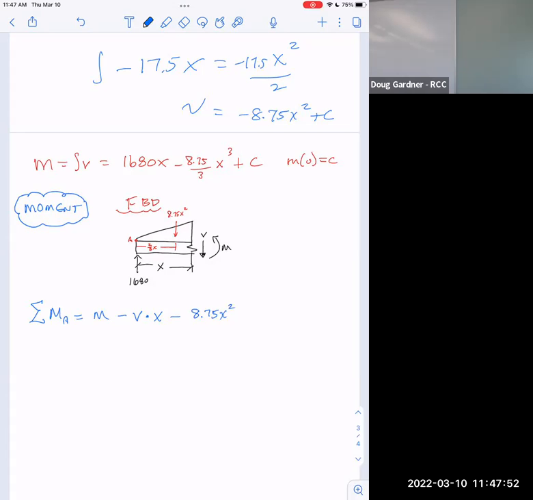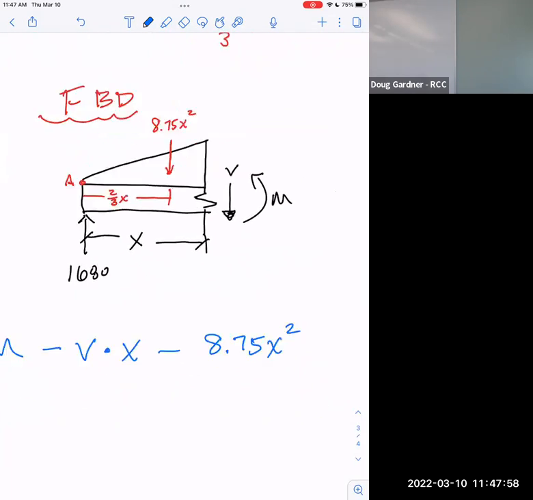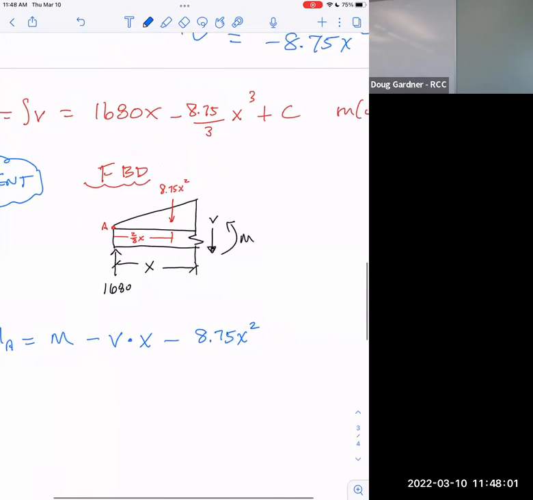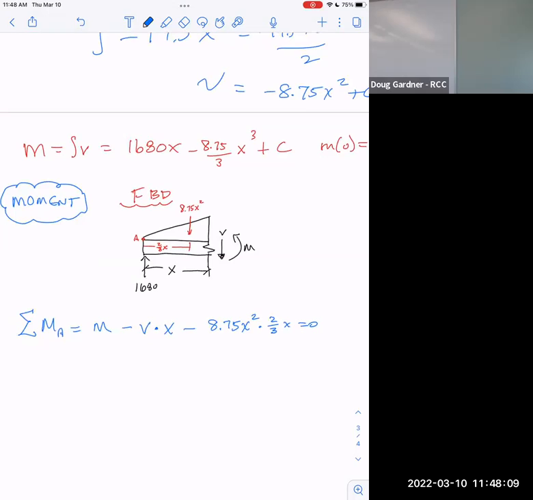And how far is it away? Well, again, this is why I wrote 2/3 x in there earlier, because if I didn't write that in there, I'd have to think a little harder. That's not that obvious. So whatever x is, 2/3 of that. And that's it. That's all the forces. So if I left m on this side and moved the negative terms to the other side, they'd become positive.